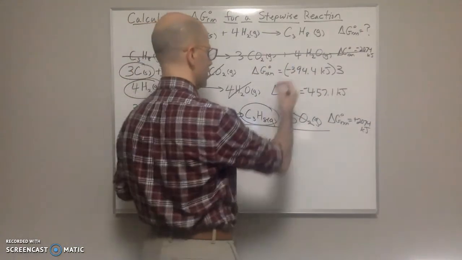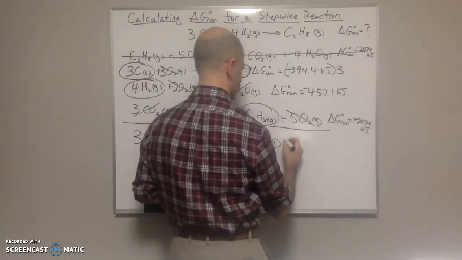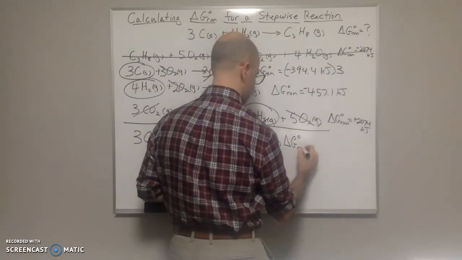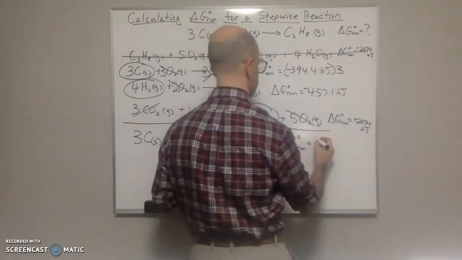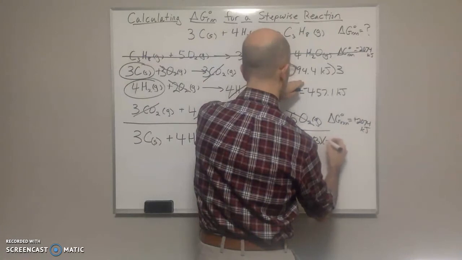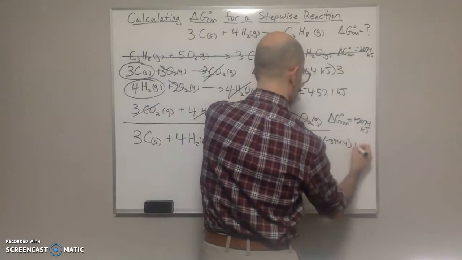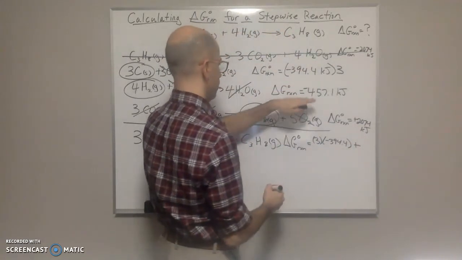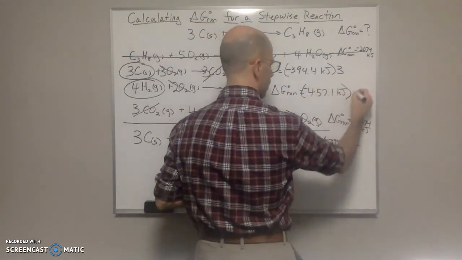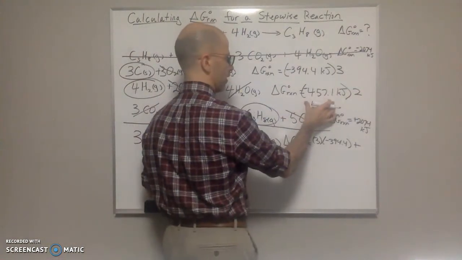So all we need to do is add these 3 together. So here, the standard free energy of this reaction is going to be equal to 3 times negative 394.4 plus this one here. Did I multiply? I did not multiply, so I forgot, I should multiply. Because I multiplied this by 2, I need to multiply this by 2.